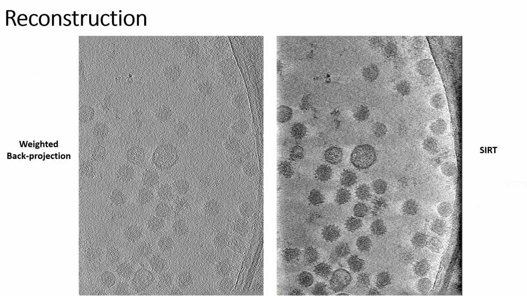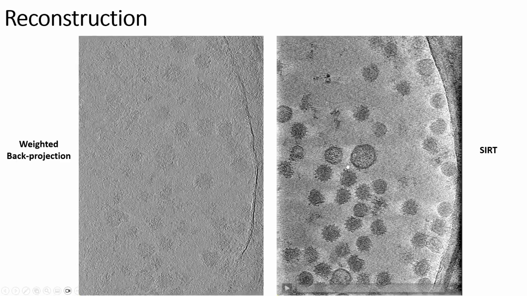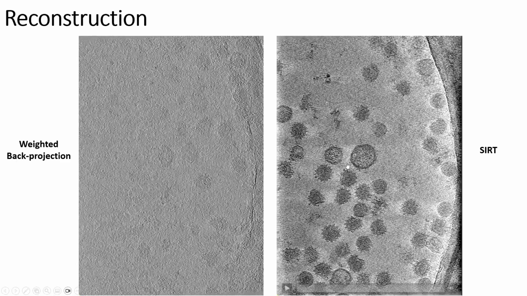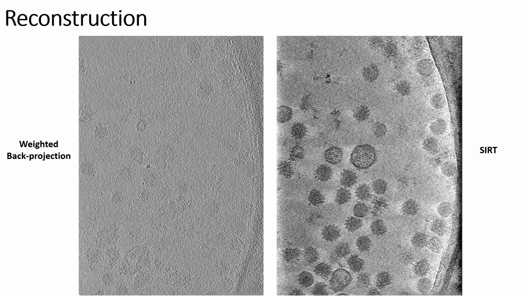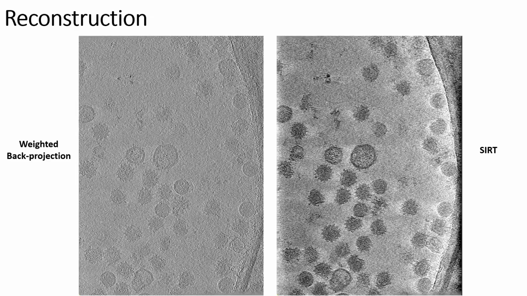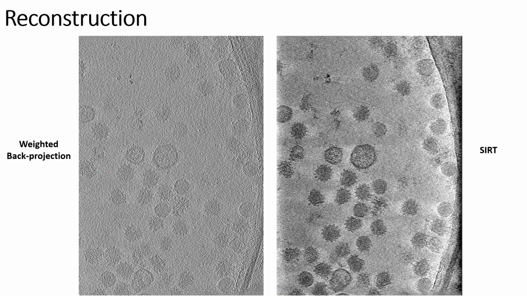This is where I want to show you how a reconstruction of our already aligned tilt series will look with the weighted back projection process. We are now scanning from the top to the bottom and bottom to the top in the z-axis. We can see our virus particles in all of the layers, yet these particles are not very contrasty.